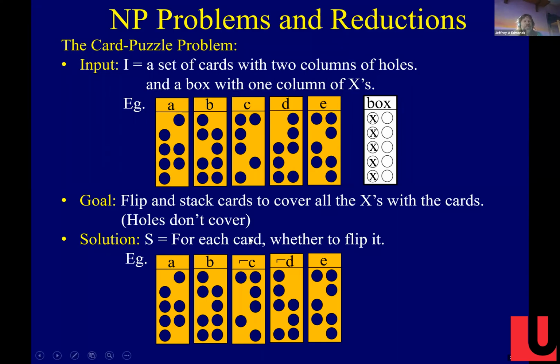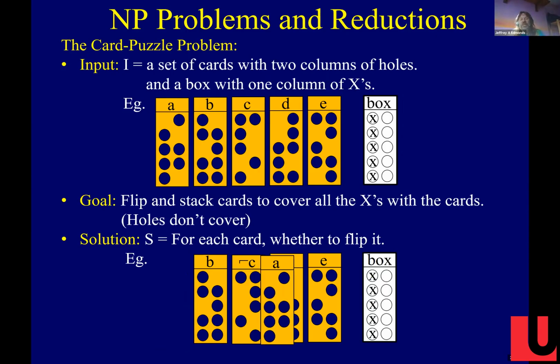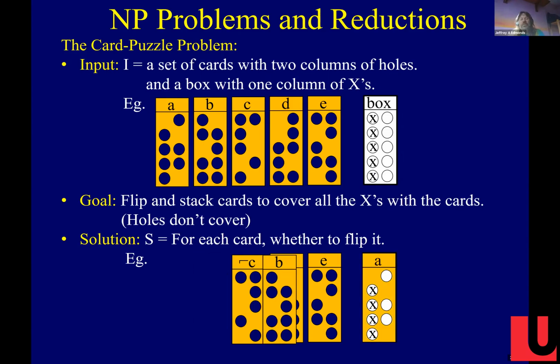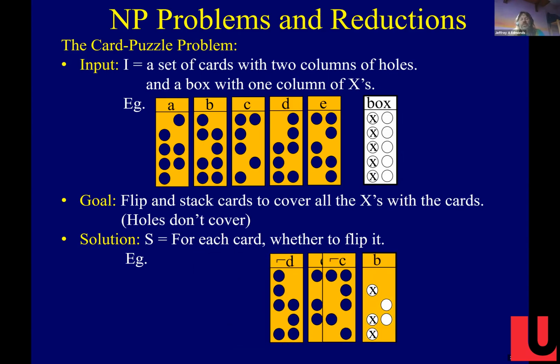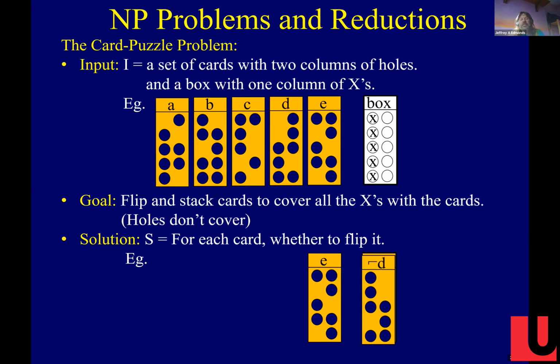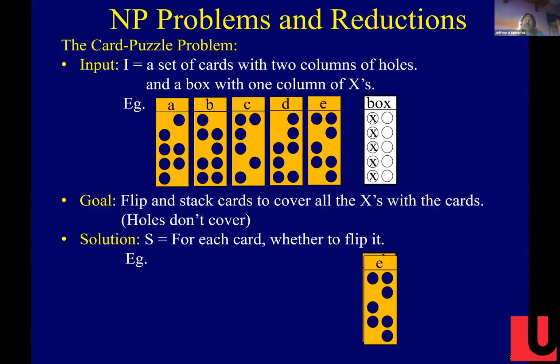I had a hole here, but I fixed that. So now you take this card here, you flip it left to right, and you have a proper flipping of the card. And you flip them in various ways so that when you stack them all up, it covers all the X's.